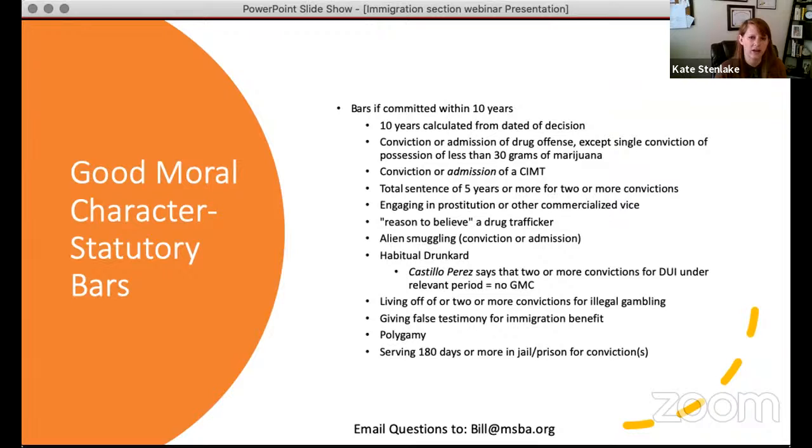However, for the good moral character 10 years, nothing really stops the clock. So if the client, for instance, is served with a notice of hearing in 2014 and that stopped the clock for physical presence, and you're proving physical presence from 2004 until 2014, but then your individual hearing is actually in 2020, you have to show good moral character from 2010 until 2020. That answers it. We can go on to the next slide.